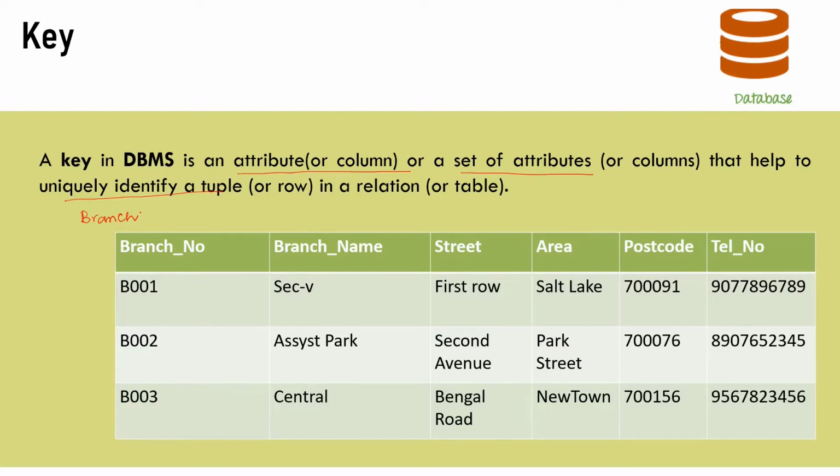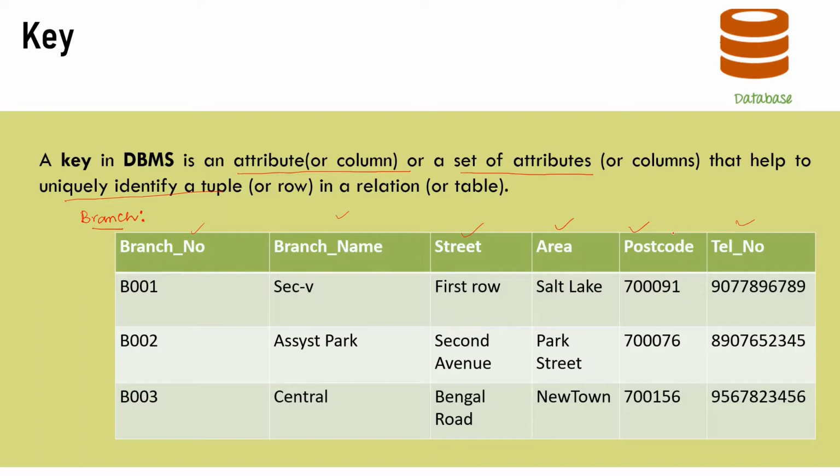This branch table, as you can see, has several columns like branch number, branch name, street, area, postcode, and telephone number. This is nothing but giving us some information about the branches of a bank. Any single bank has different branches, right?